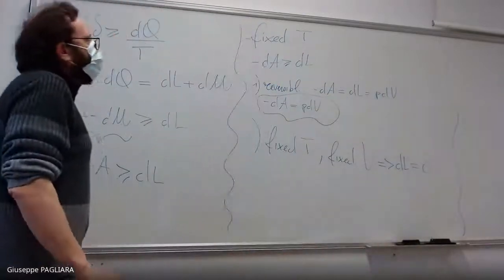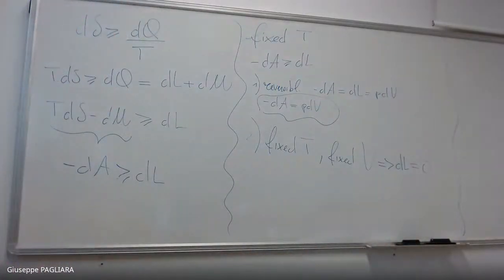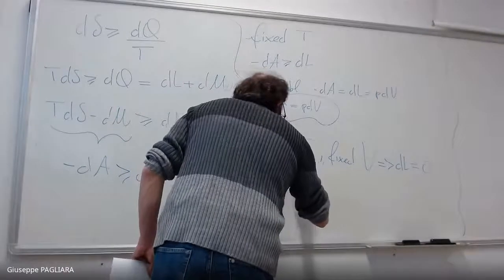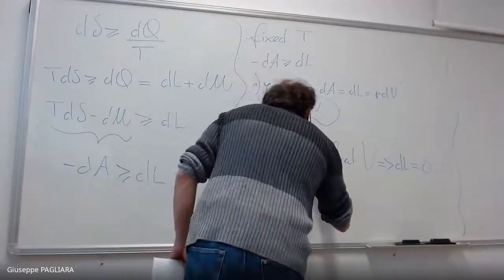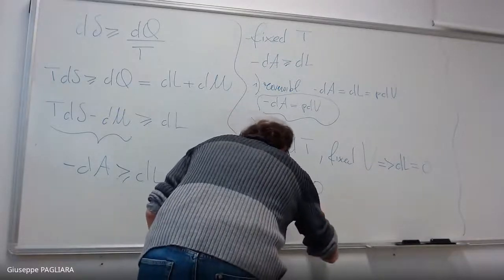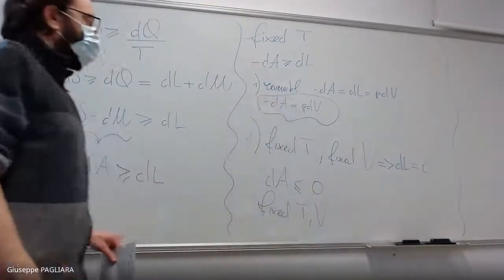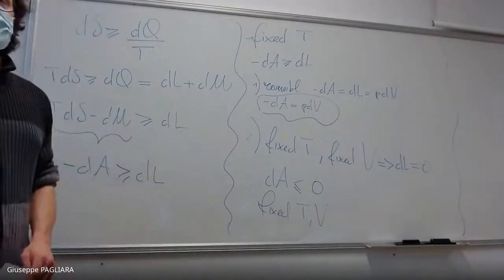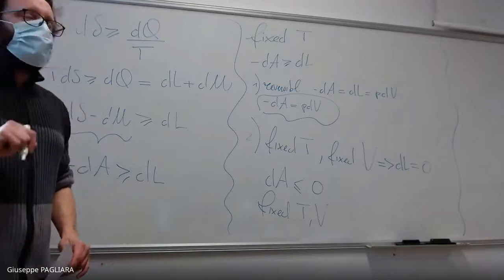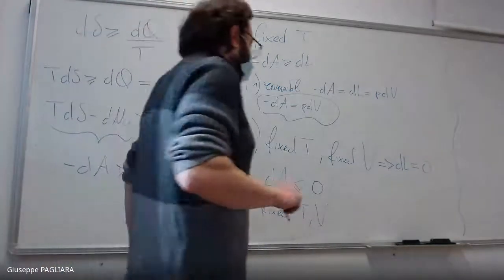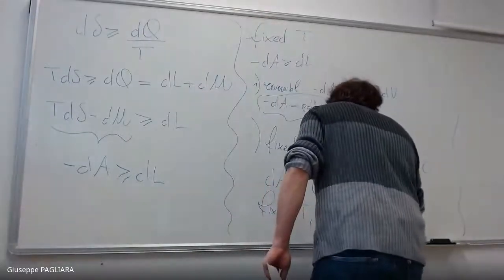And therefore, what I get is that minus dA is larger or equal than 0, or if you want, the variation dA must be smaller than or equal to 0, for fixed temperature and fixed volume. What I brought here is just the second principle of thermodynamics, but now in the case in which the temperature and the volume are fixed.